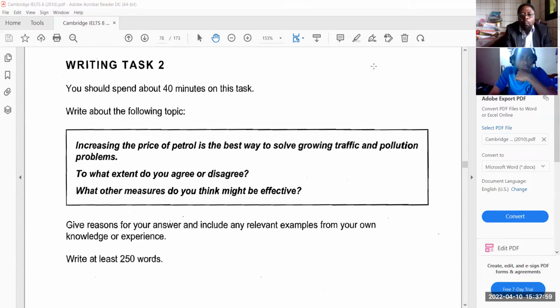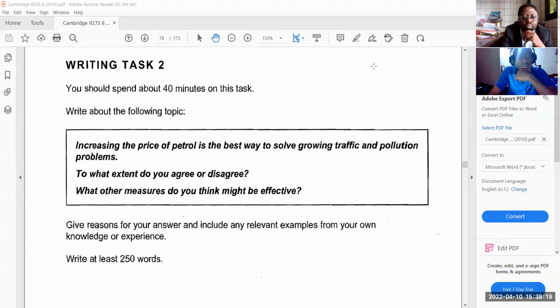I think task requirement 1 is to what extent I agree, and to what extent I disagree, if there is a case I disagree.